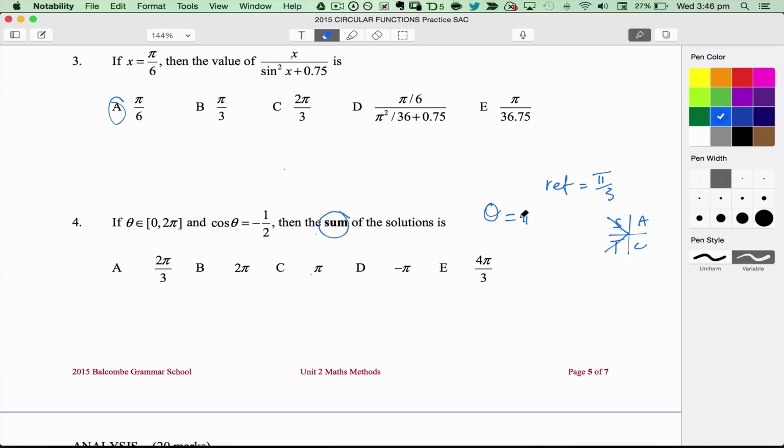So theta is pi minus pi over 3 or pi plus pi over 3, which is 2 pi over 3 or 4 pi over 3. We add these together to get 6 pi over 3, or 2 pi.